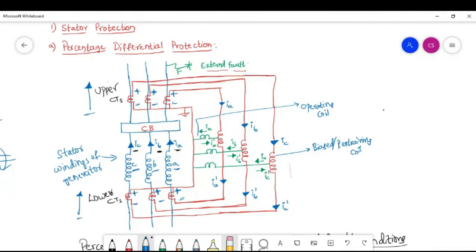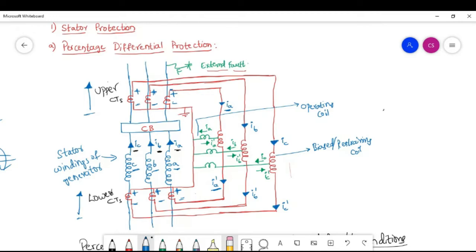If we speak about this phase A only, the current is flowing like this, and through the restraining coil the current is going to travel, and again it is coming back to this point, with respect to the lower CT. So we have represented the current at the upper CT as IA and at the lower CT as IA dash of phase A.